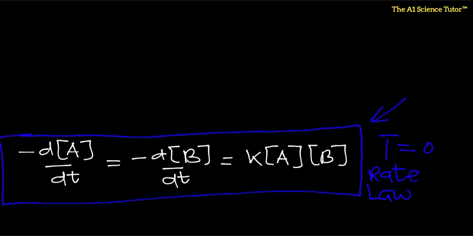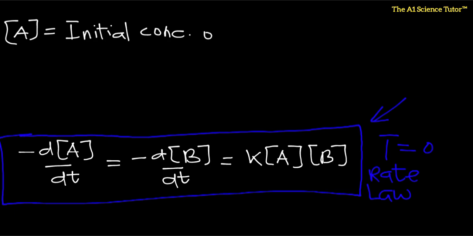Now, we need to write this in another form because it's very possible to have this written in another form. So what you need to know is that this is the initial concentration of the reactant A. Okay, so I'm just going to write A there.